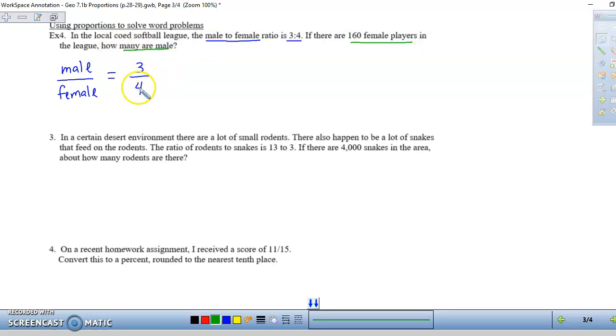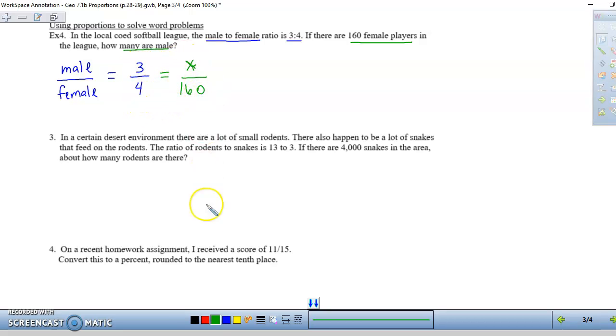So you're going to take this ratio and you're comparing males to females. So that means my x is going to go on the top because I don't know how many males there are, but I do know there's 160 females. So this first ratio just helps you organize your thoughts. Okay, now a couple ways you can solve this.